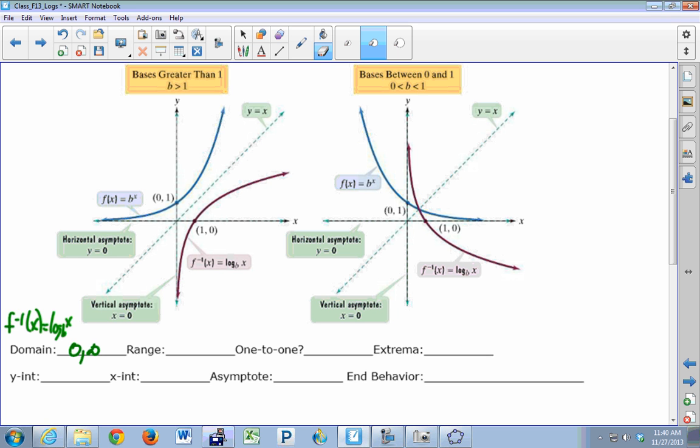Okay, both in parentheses, Kate? Yeah, thank you. Because what's the range of your blue function? Everything above the x-axis, right? All positive real numbers. And that's how we write it in interval notation, or you could say all positive real numbers.